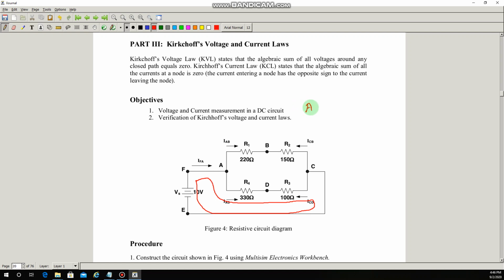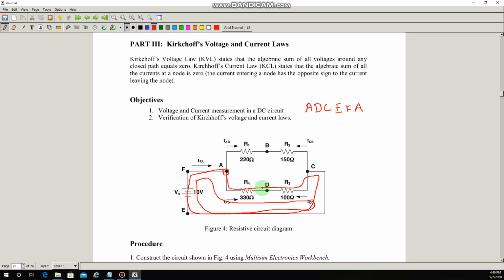I would start with A, for example, then I would write D, then C, then E, F, and A again. Why have I written these letters? Because I am assuming that I am beginning from here at this point, and then I am moving in this loop like this. So that's why when I come back at A, I complete the loop.